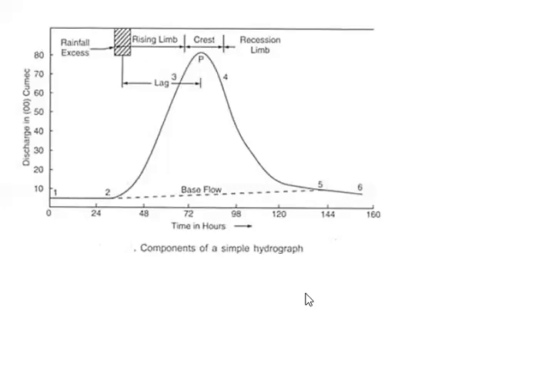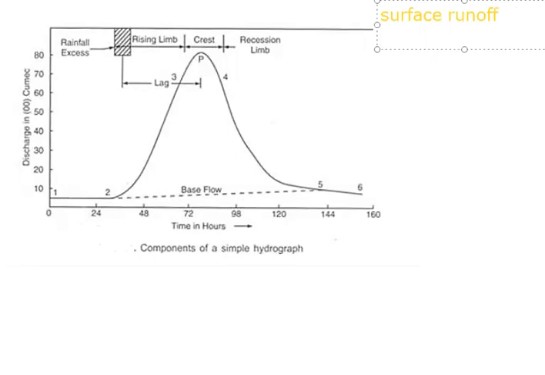So the hydrograph is the sum of a total of three components. One is surface runoff, and this surface runoff is called overland flow.